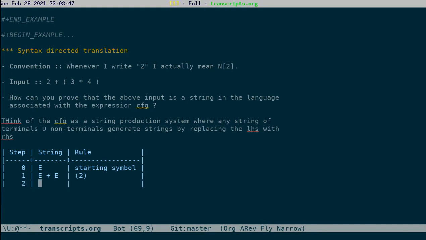Step 2, I replace the rightmost E. I always keep replacing the rightmost. You don't have to do it that way, but for convenience I do it here. So E plus, the rightmost E I replace by the bracket rule. This is rule number 4.